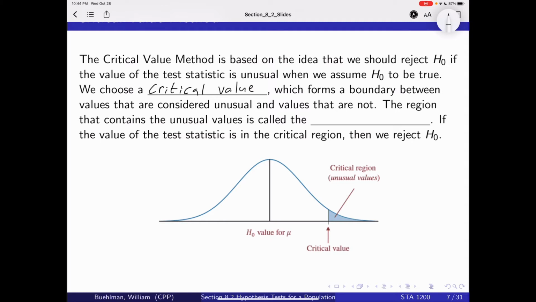The region that contains the unusual values is called the critical region. If the value of the test statistic is in the critical region, then we reject the null hypothesis. So what this is saying is if a value is in that blue shaded region, it is in the critical region, and thus we reject the null hypothesis.